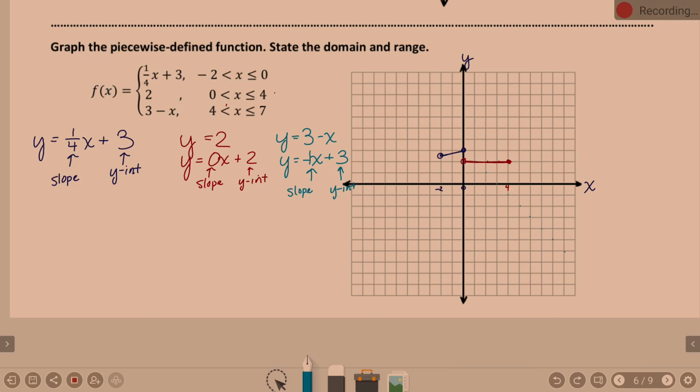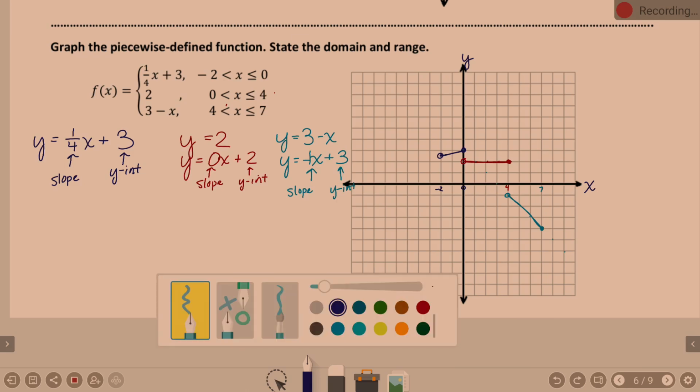I need that piece of the line, and I have dots there, yes, from 4 to 7. Endpoints from 4 to 7. At 4, I need open circle. At 7, I need closed circle.